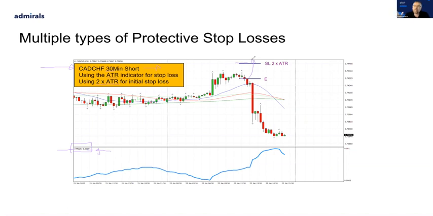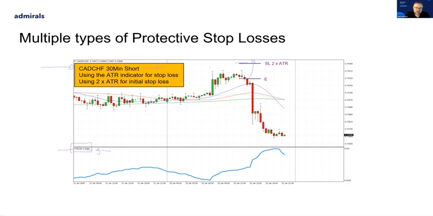It could, but the probability is much less. So using a simple ATR, some people will use 1.5 times the ATR, some people will use 2 times the ATR, as a very simple, almost mathematical, systematic way of ensuring they have a stop loss in place that is outside the volatility you might be seeing.